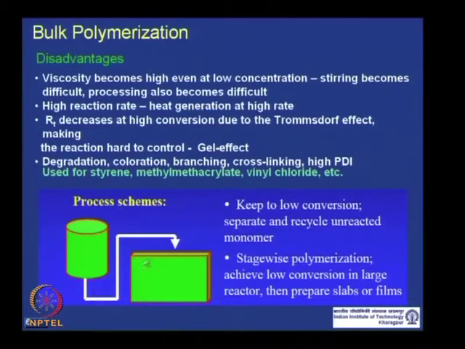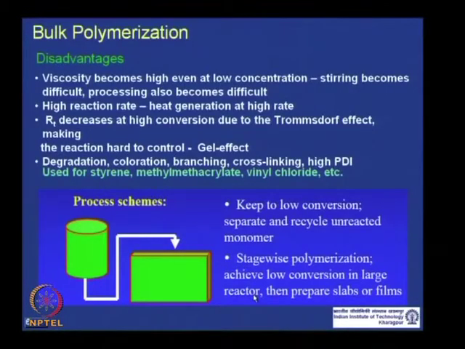Another strategy is taken for making sheets and all these things, where you make a pre-polymer which is not very high molecular weight, so the viscosity is not high, and then that pre-polymer is poured into a mold, say in this case a sheet mold, because you want to get the polymer in the final form of a sheet.